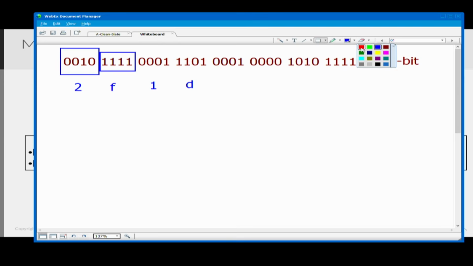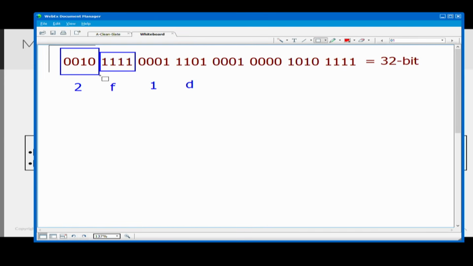Well, the first byte is this. That's the first byte, the first 8 bits. In every MAC address, in the first byte, this least significant bit right here, I'll put a little box around that, that bit has a special meaning.